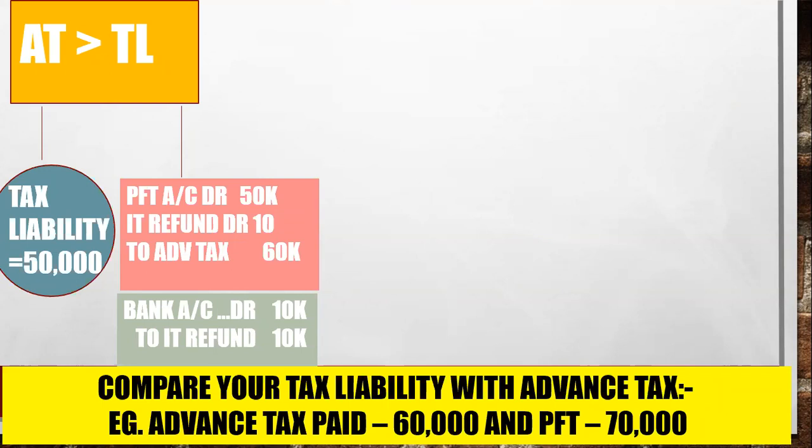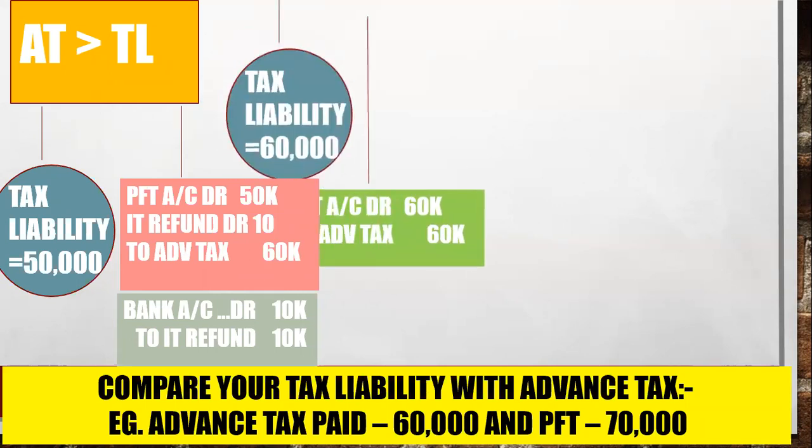So I have passed the entry: bank account debit 10,000 to income tax refund account. It should be nullified. In the first entry, you have debited the income tax refund account; in the second entry, you have credited. It should be nullified and it should be 0. Clear? Okay. Got this situation? Everyone clear with this situation?